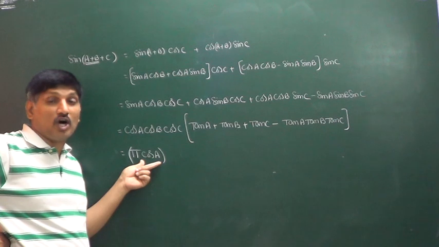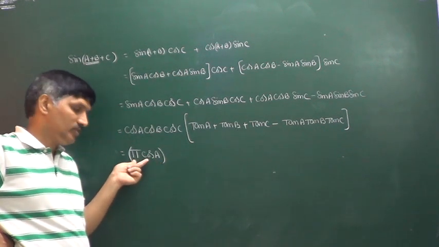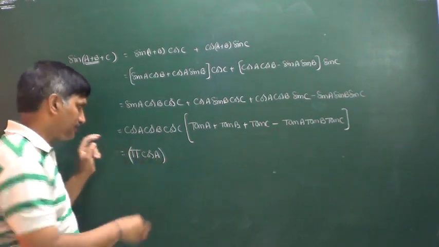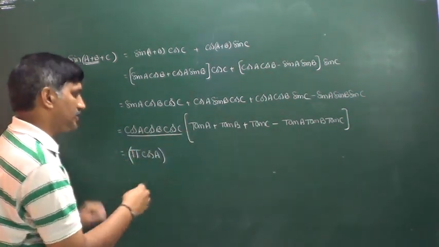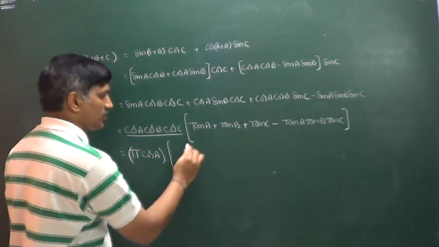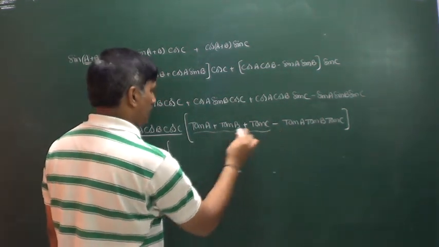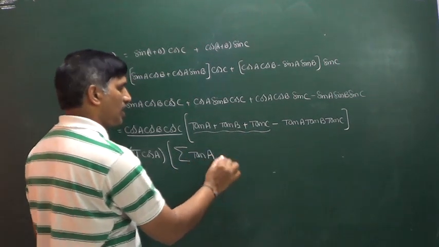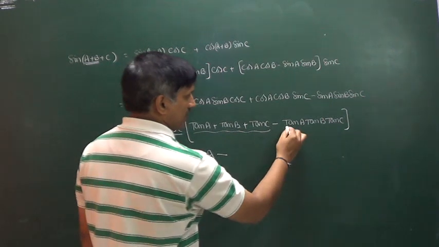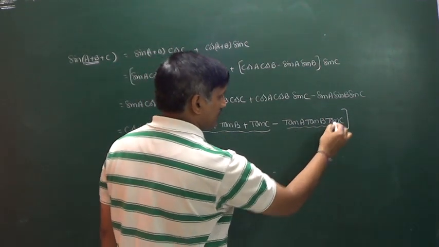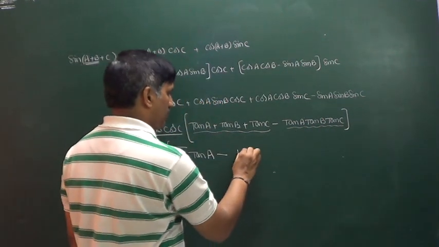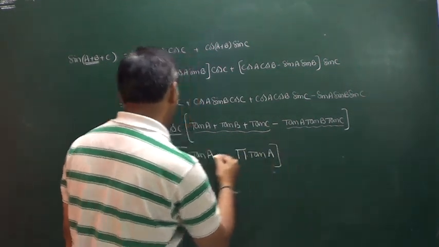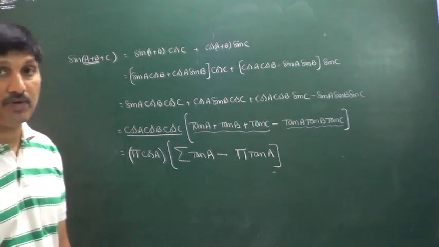Here we are discussing cos A, cos B, cos C, so pi cos A means cos A into cos B into cos C. That is multiplied with sigma tan A minus tan A into tan B into tan C, which we can write as product tan A. So that is about sine of A+B+C.